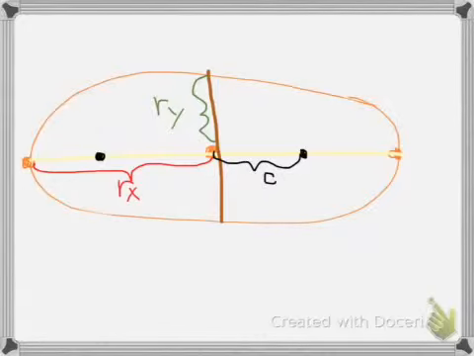There is a formula on your formula chart to find the distance c, and we'll talk about that in the next video I post. But I just wanted to tell you that the distance from the center to that point is c, whether it's a horizontal ellipse or a vertical ellipse.